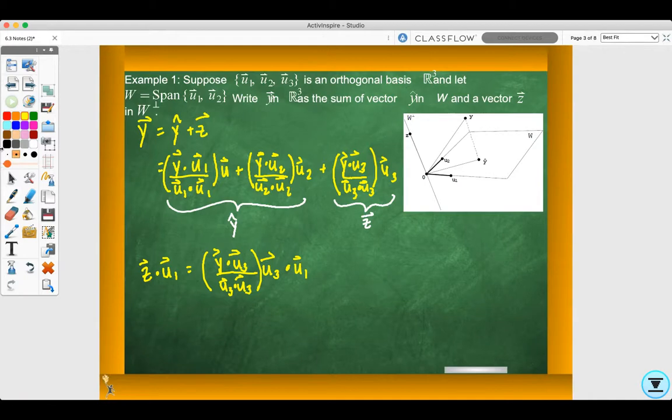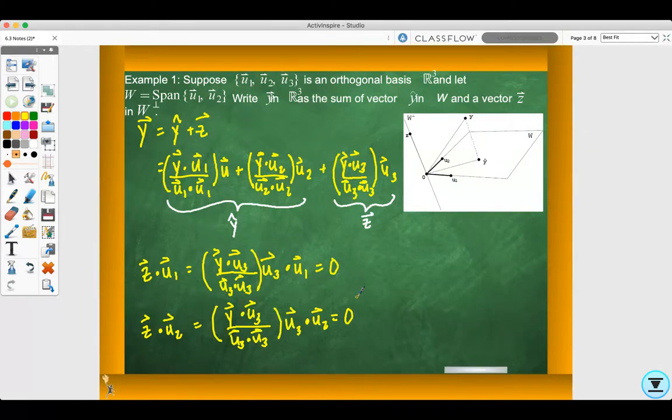We know that u3 dot u1 equals 0, so that would be times 0, which gives us 0. Then z dot u2 would be (y dot u3) all over (u3 dot u3) times u3 dot u2, and u3 dot u2 is 0, so the whole thing is 0. Since the dot product is 0, z is orthogonal to the vectors u1 and u2.